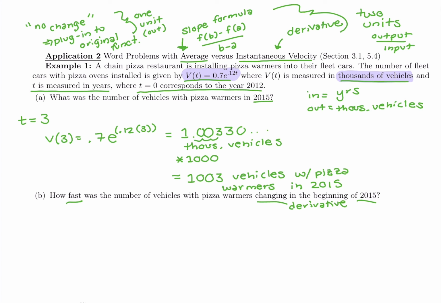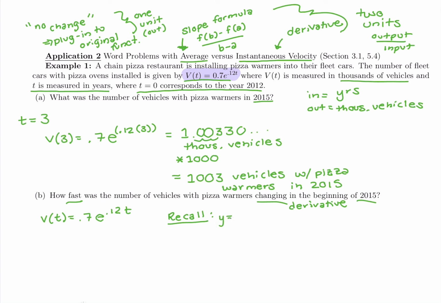So looking up here, we have v of t is 0.7 e to the 0.12 t. Well, we want to take the derivative of this, 0.7 e to the 0.12 t. So we need to remember how to take the derivative of something with an e to a power that's not just x.